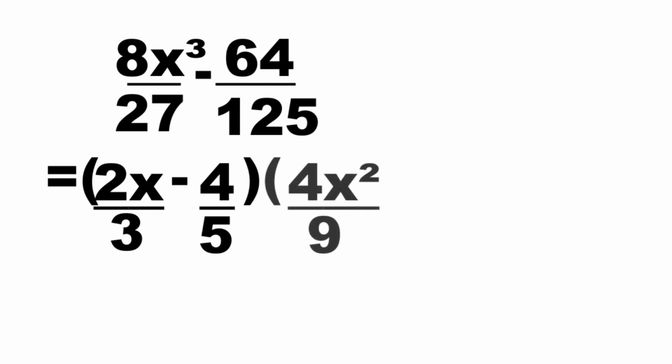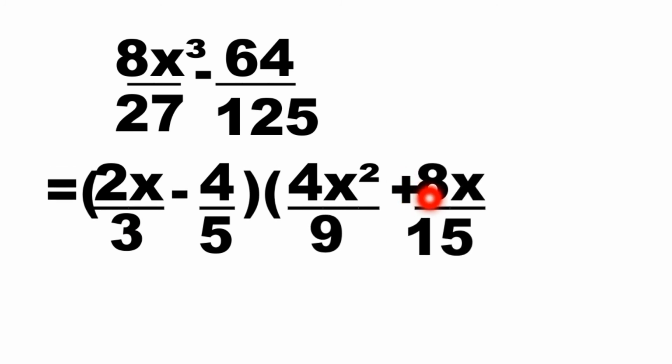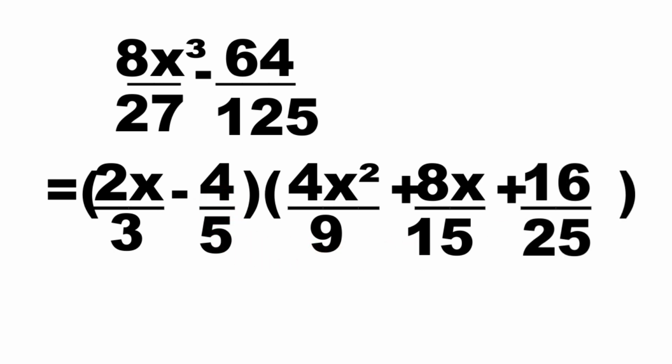The square of 2x over 3 is 4x squared over 9. Then multiply this one and this one, so we have plus 8x over 15, because 2x times 4 is 8x, and 3 times 5 is 15. Then square the last term. The square of 4 over 5 is 16 over 25, so we have plus 16 over 25.